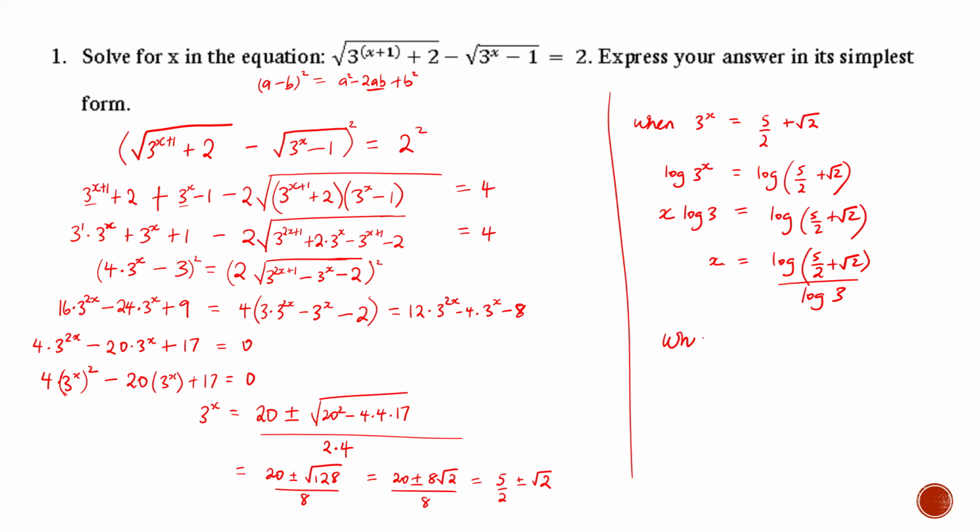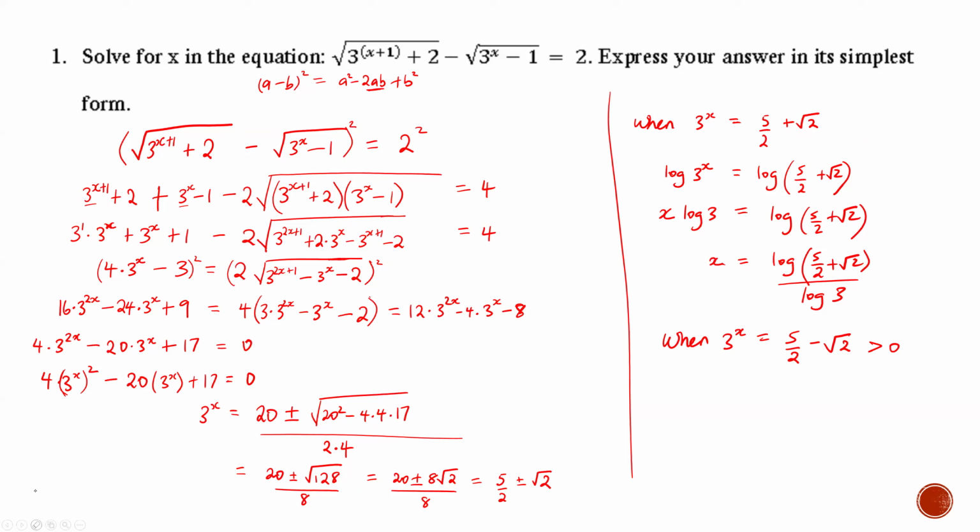So in the other case, 3 to the power x, sorry, is equal to 5 over 2 minus root 2. You have to check that these are actually positive, not negative, sorry, because 3 to the power something can never give you a negative. So you have to confirm that this is greater than 0, and this is greater than 0. The first one is obviously greater than 0 because it's an addition of two positive numbers.